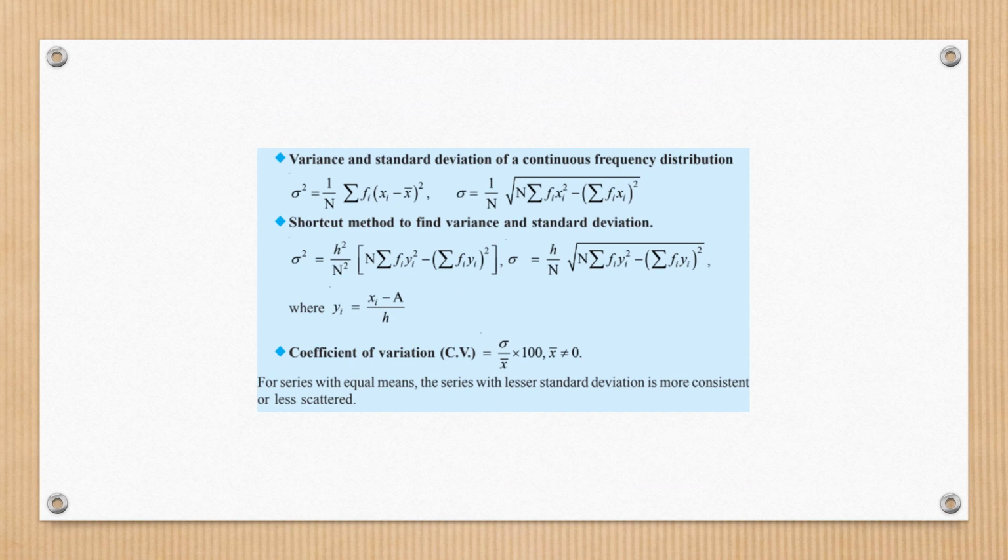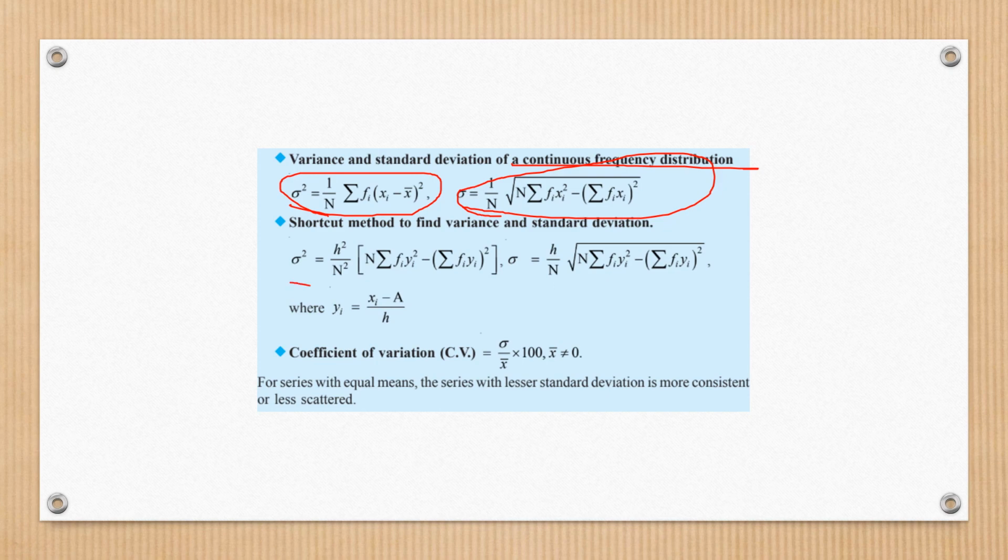Now for a continuous frequency distribution, the formula for sigma square is either the same one, 1 upon n summation fi xi minus x bar whole square, or it is 1 upon n square times n into summation fi xi square minus summation fi xi whole square. And this is the shortcut method to find the variance and standard deviation.